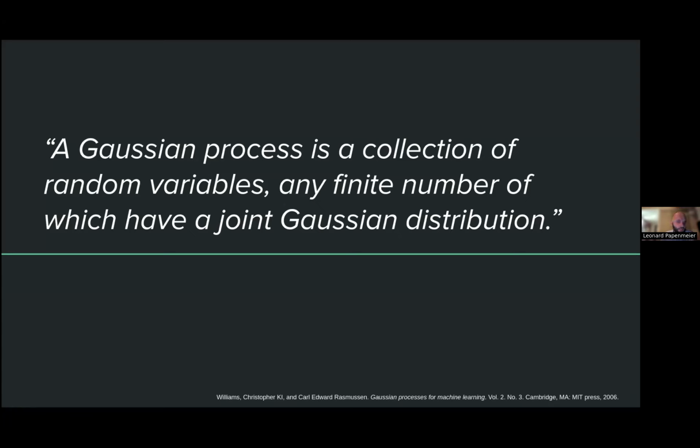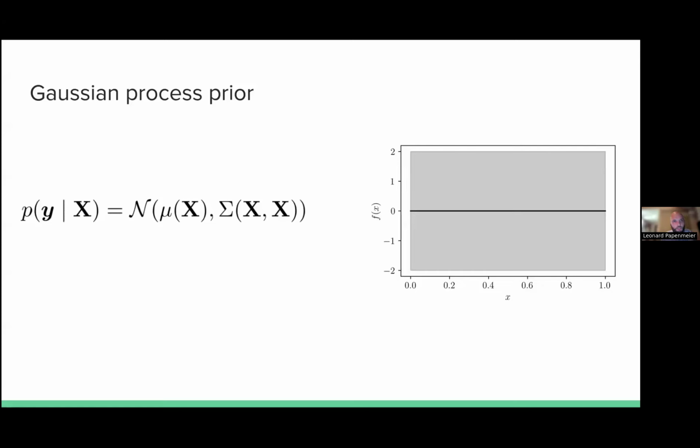As written here, a Gaussian process is really just a collection of random variables, any finite number of which have a joint Gaussian distribution. Although we say it's a distribution over functions, that's only true in the limit, because in practice we can only evaluate it at finitely many points. Then to plot the surrogate model, we just plot the mean and the variance for each of those points.